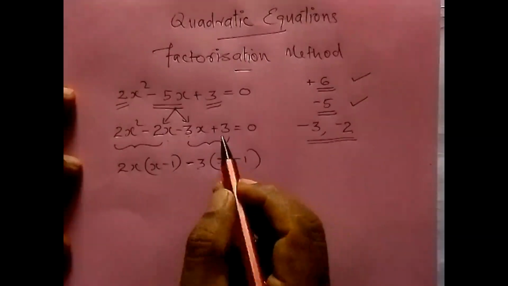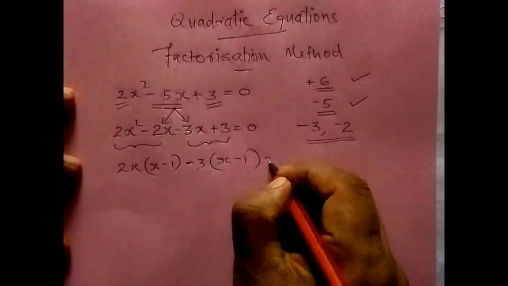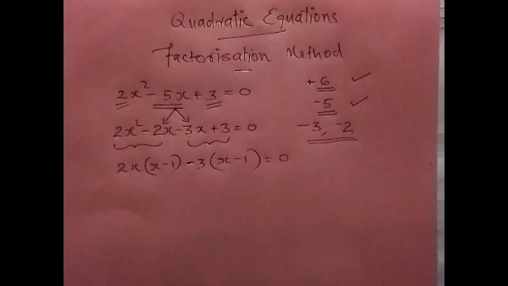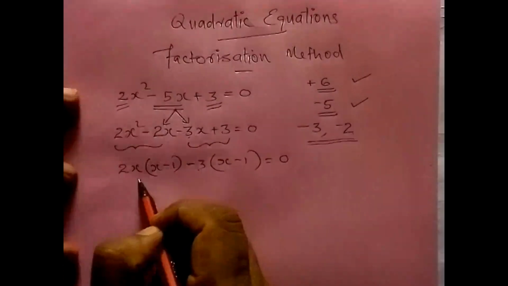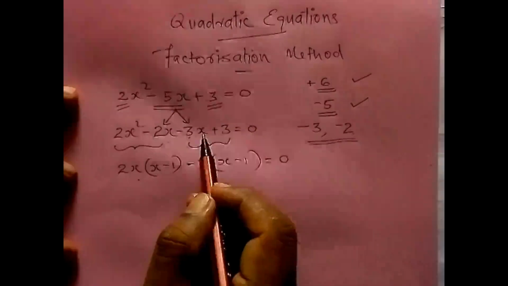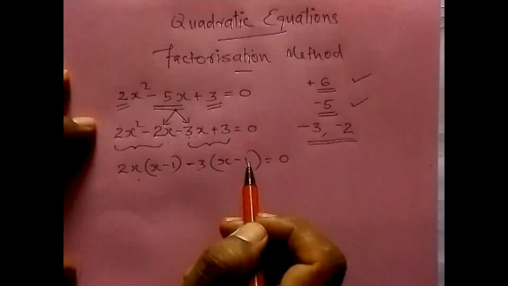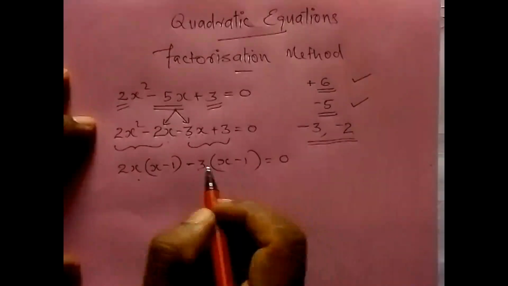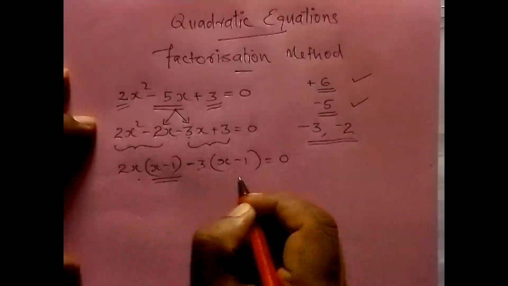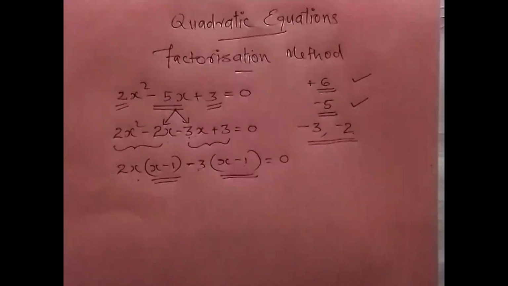Minus 3 into minus 1 is plus 3. Equal to 0. Clear? From the first two, 2x is taken outside. From the last two, minus 3 is taken outside. While we are factorizing this, we should keep in mind that we should have one factor common.